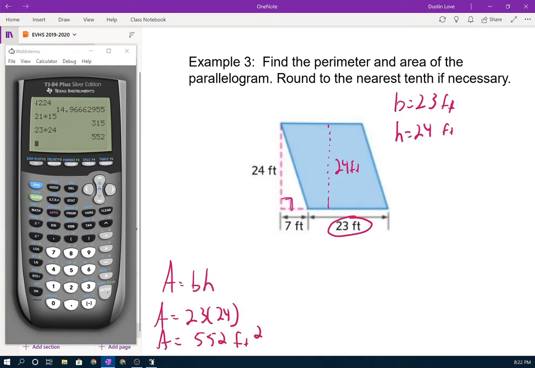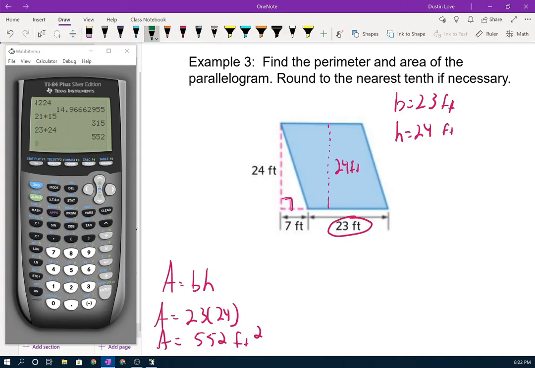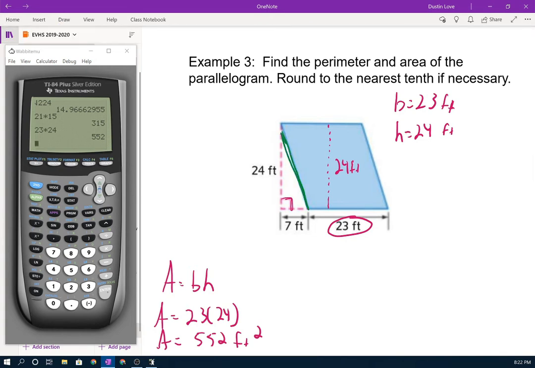Now perimeter, we're going to have to do the Pythagorean theorem, because for the perimeter, I need to know the lengths of the sides. So I need to know this side here. So I can do my Pythagorean theorem again. And now my A and B values are going to be there. C is the hypotenuse. So we've got 24 squared plus 7 squared equals C squared.